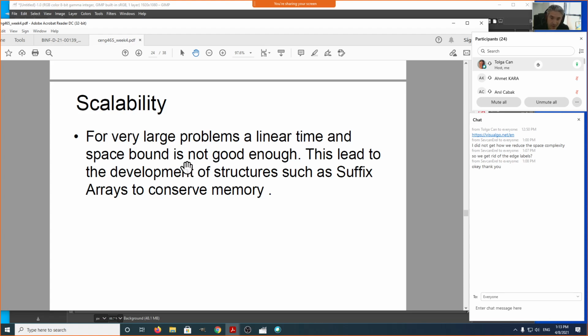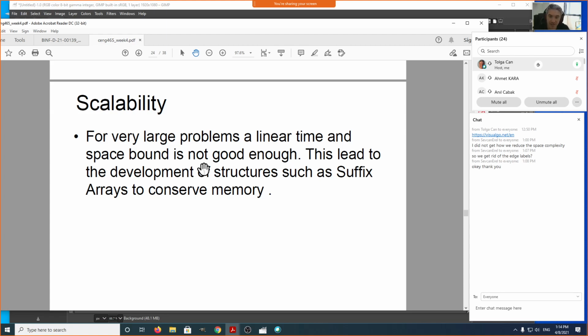For very large problems, a linear time and space bound sometimes may not be good enough. Sometimes the constant factor in front of the suffix tree may be prohibitive for very large sequences. For example, instead of requiring 8 gigabytes, it's linear, but 8 times 8 gigabytes is 64 gigabytes.